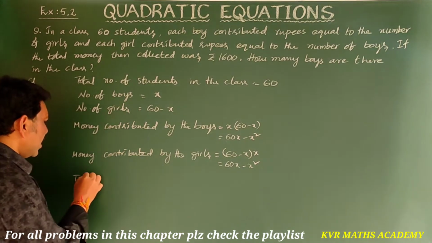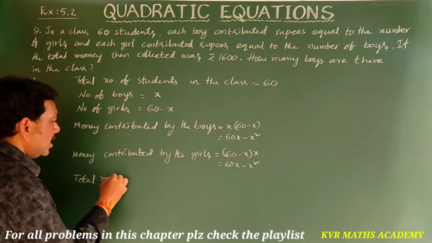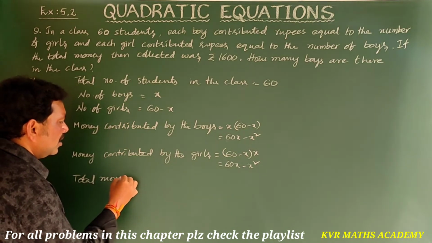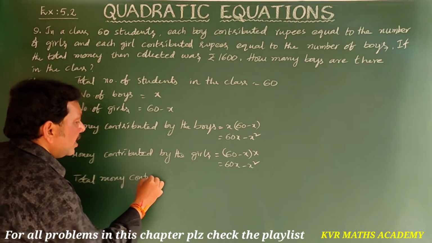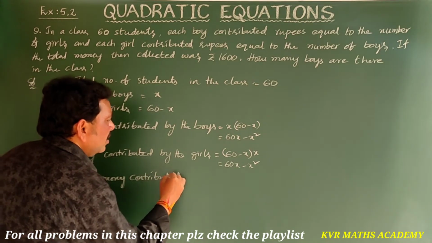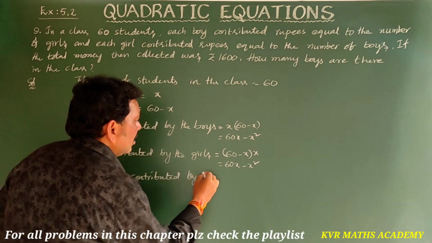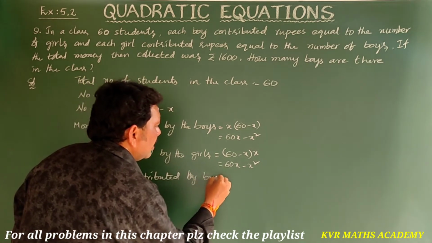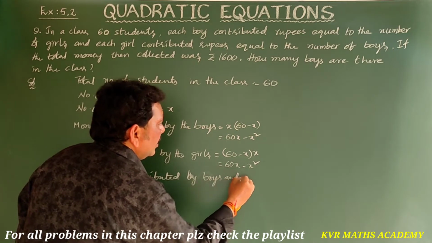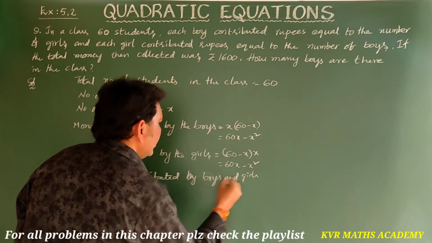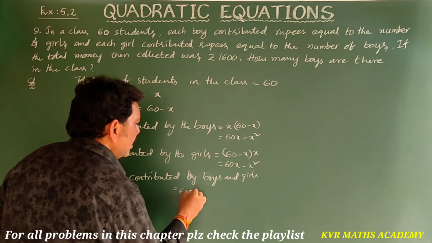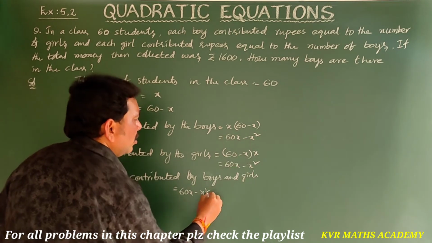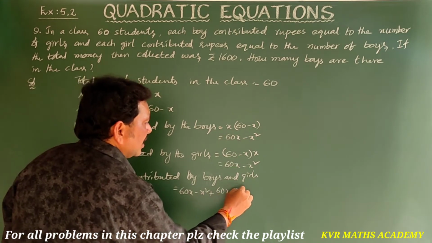So total money contributed by boys and girls is 60x minus x square plus 60x minus x square.